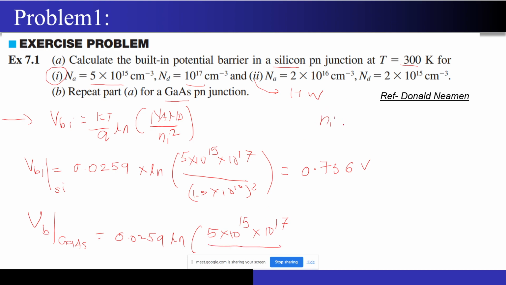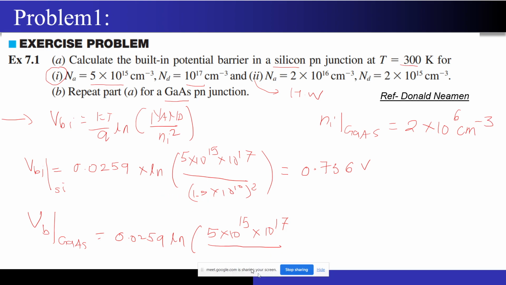If you have forgotten, Ni for gallium arsenide is nothing but 2 into 10 to the power 6 per centimeter cubed, right? So now this Ni is 2 into 10 to the power 6, the whole squared, correct? This value will come out to be around 1.198 volts, correct?